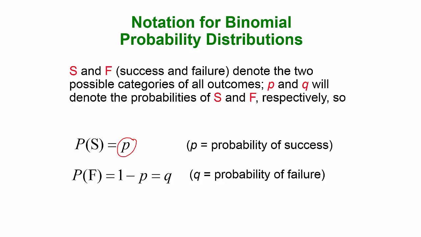And then the probability of a failure would be denoted by lowercase q. So if we know that p is a 60% probability, q would be a 40% probability because their sum is 100%. In decimal form, you would subtract from 1.